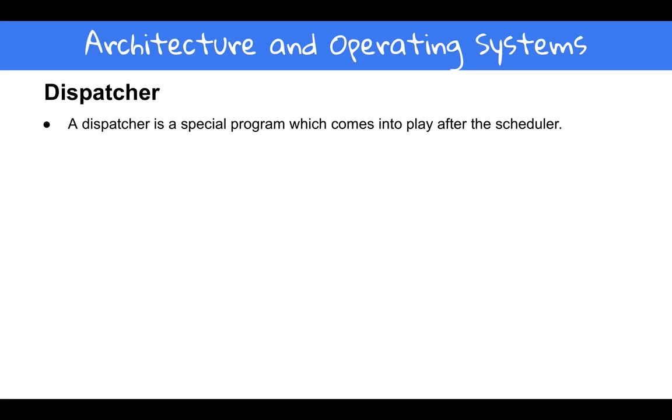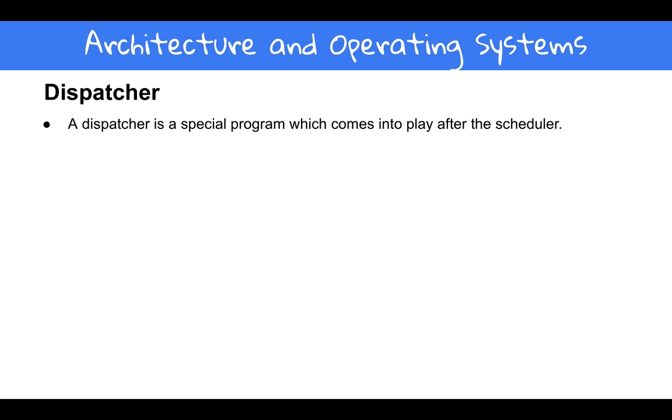So the dispatcher. The dispatcher is another program we have inside the operating system. What does it do? We discussed the scheduler. That scheduler tries to find the right process to be executed. But okay, it chooses, for example, between 4 processes. The first one that should be executed is process number 2. It defines the right process.